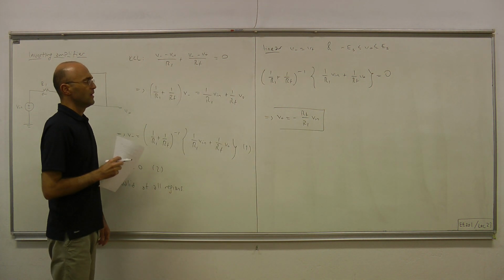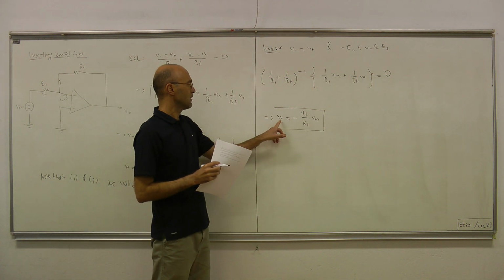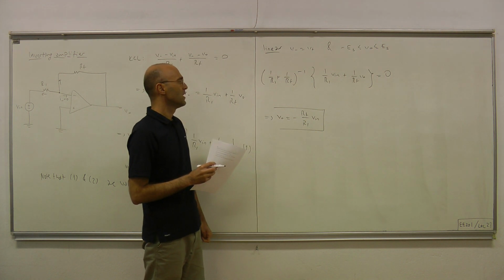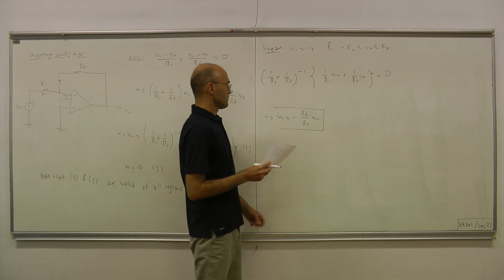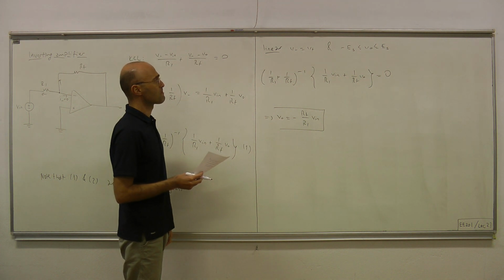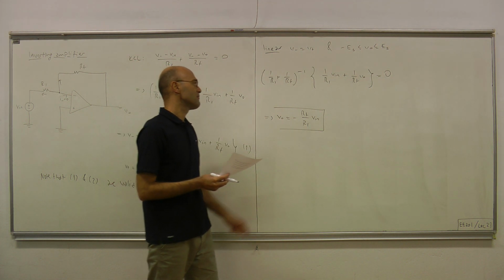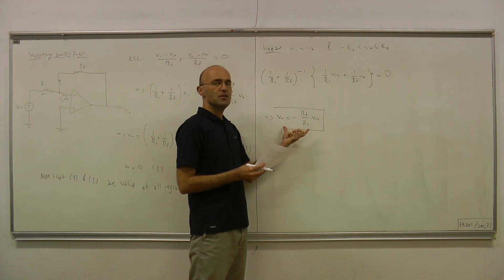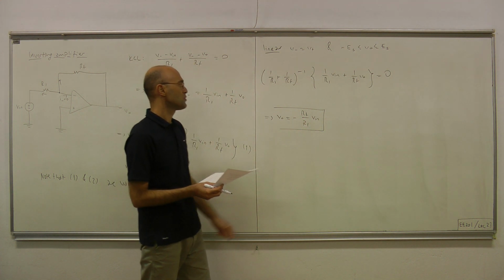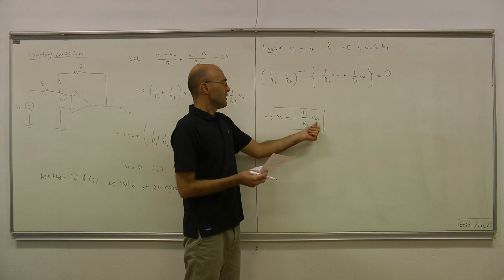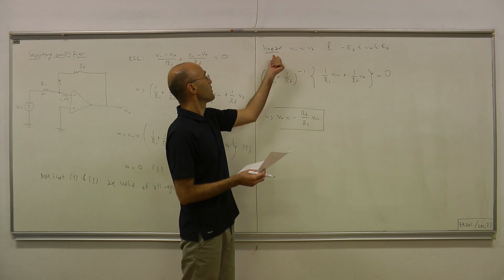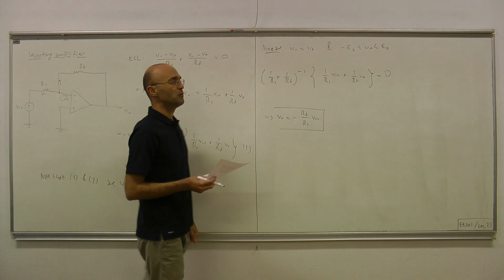Okay. Now, this relation between output and input voltages doesn't hold for all input voltages, and now we have to figure out for what values of input voltage this holds true, or in other words, for what values of input voltage this op-amp remains in the linear region.